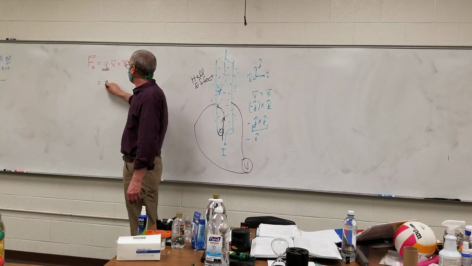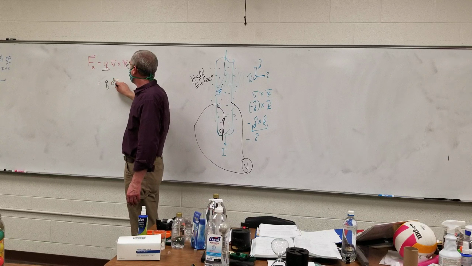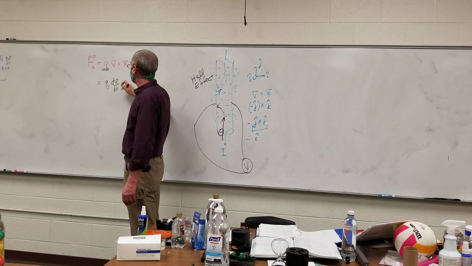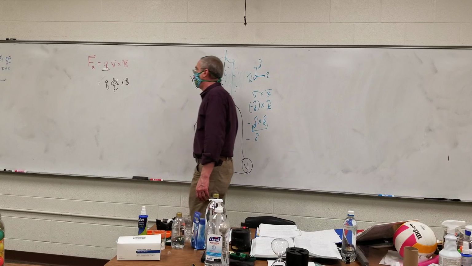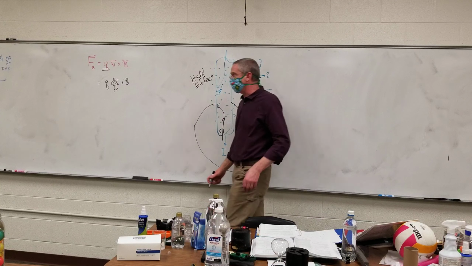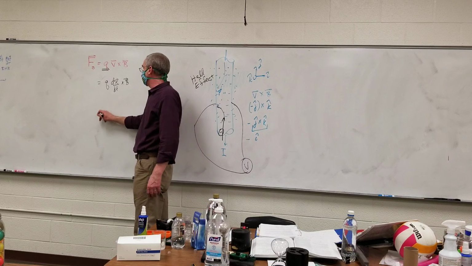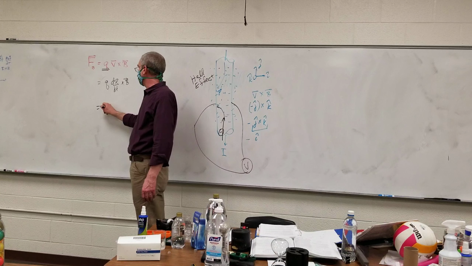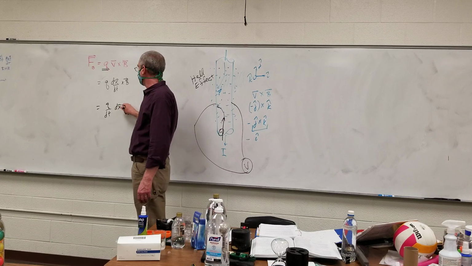So that's going to be equal to Q dx/dt, or d whatever letter you're using, dt cross v. So I'm dealing with some particular amount of charge passing by in a particular amount of time. I'm just going to move the dt over, so I'm left with Q over dt times dx cross v.